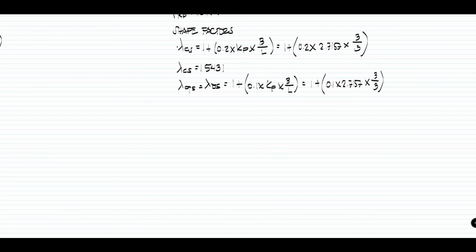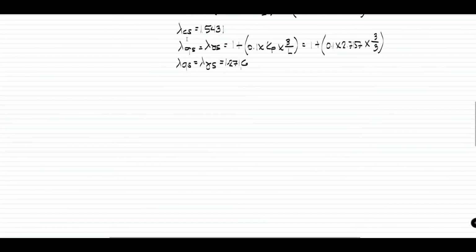So our lambda QS will just be equivalent to lambda gamma S, and that is equal to 1.2716. So ayan na ngayon yung ating shape factors. Then yung last na i-determine natin will be depth factors.